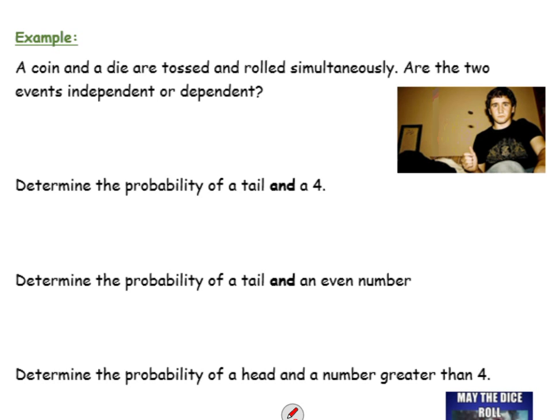So we've got the coin and the die are tossed and rolled simultaneously. Are the 2 events independent or dependent? So try to think, the outcome of flipping a coin, will that affect the outcome of rolling a die at all? No, not at all. So you would say the 2 events are independent.